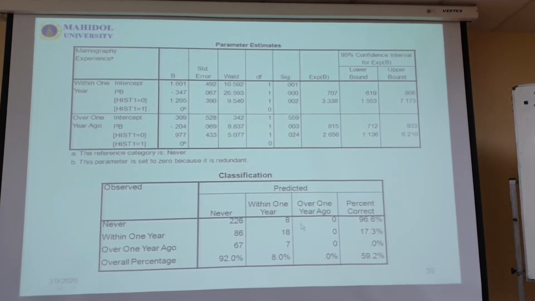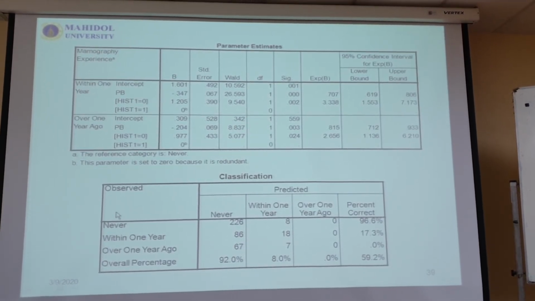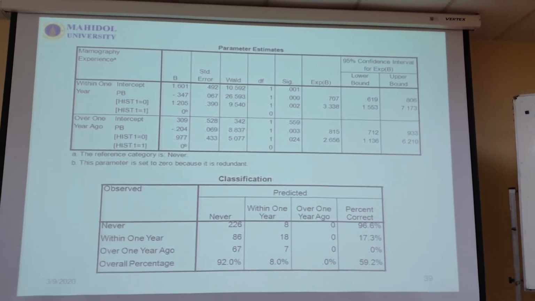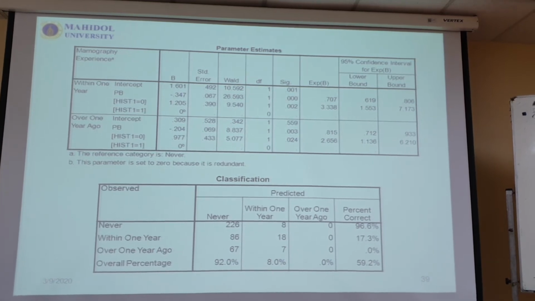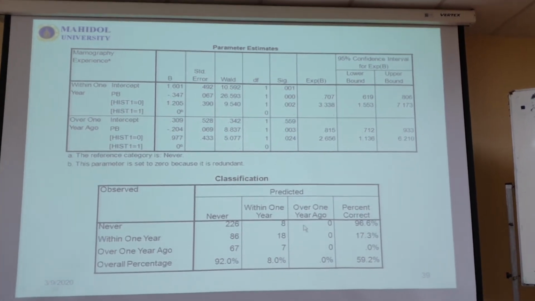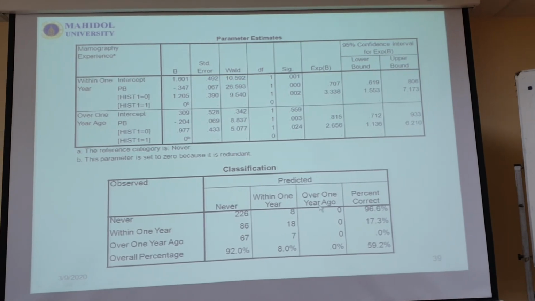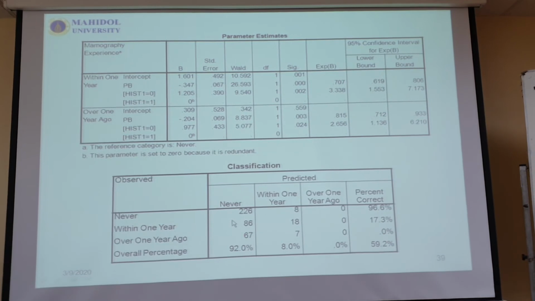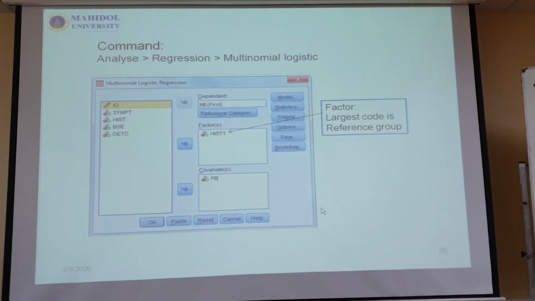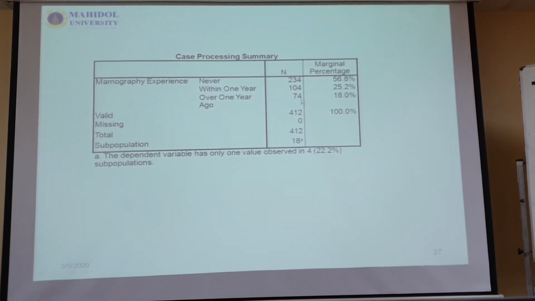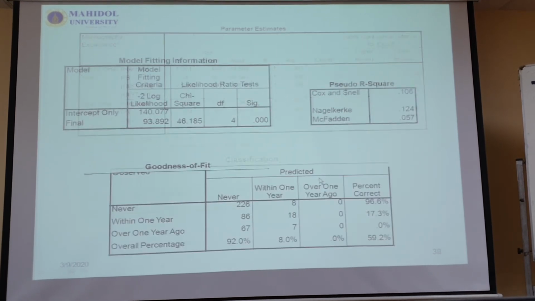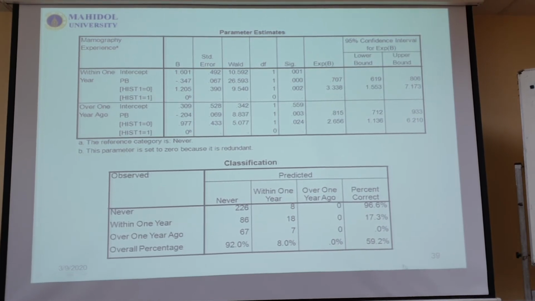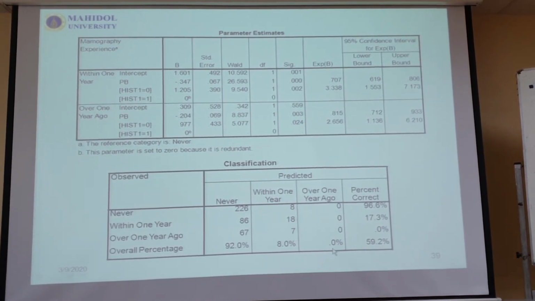In this table, the prediction and the observed are cross-tabulated together. And then over 1 year ago, the model does not predict this category at all. But how many do we have in our observed? Over 1 year we have 74. But our model never predicts it, because 0, 0, and 0. So we get 0%.